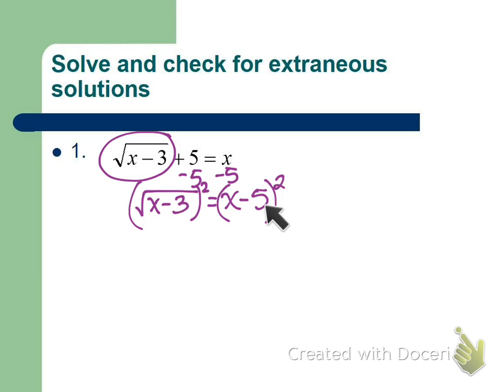We're not just squaring this 5. Does that make sense? So I would put that whole side in parentheses to square it. On the left, we're squaring a square root. What happens? Cancel out. We just have x minus 3. Okay, then on the other side, we are now squaring a binomial.